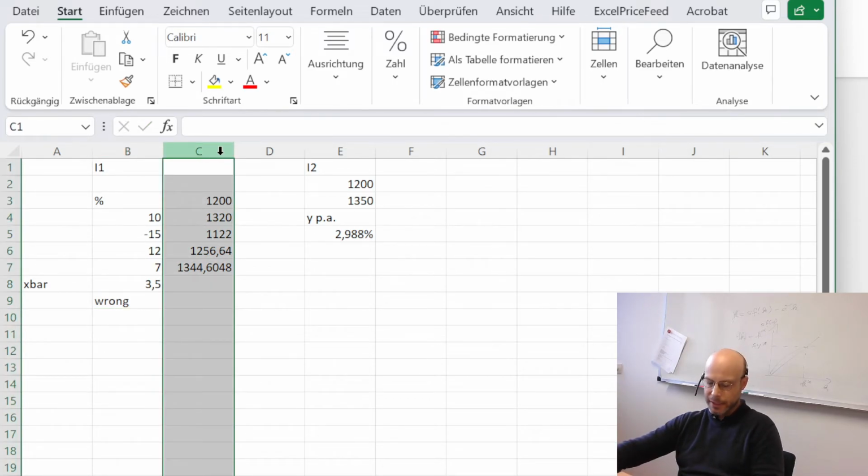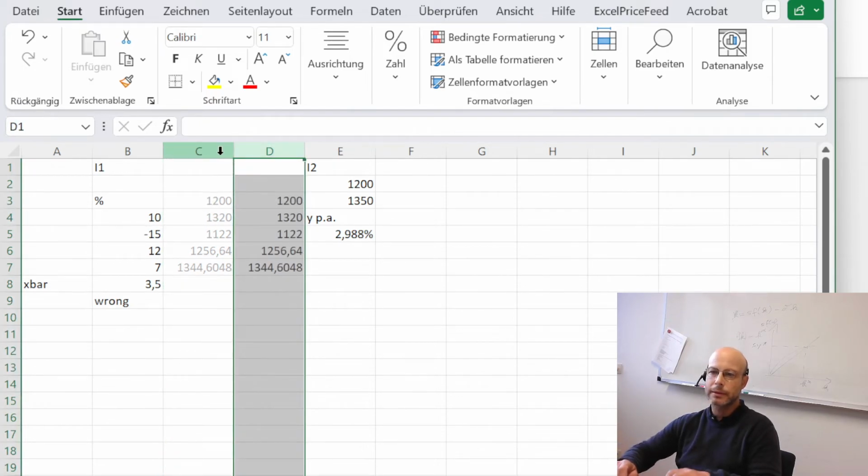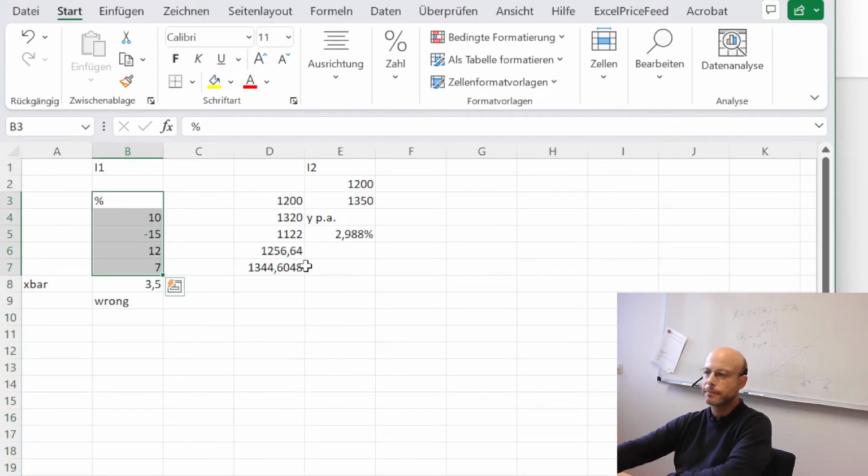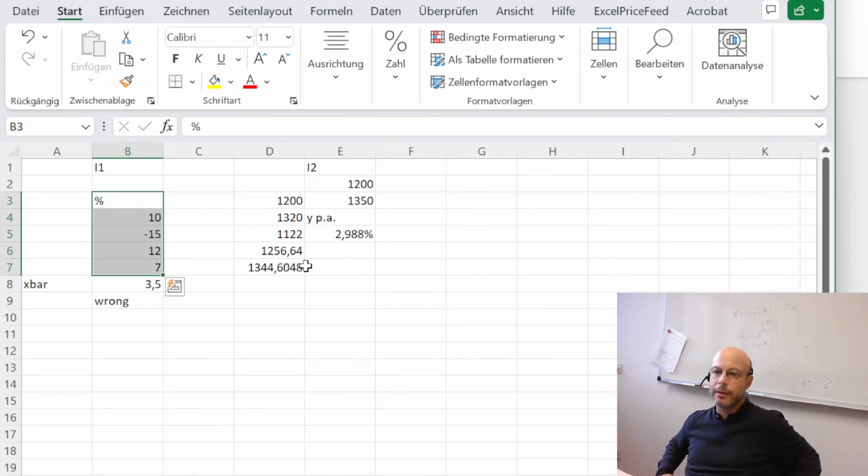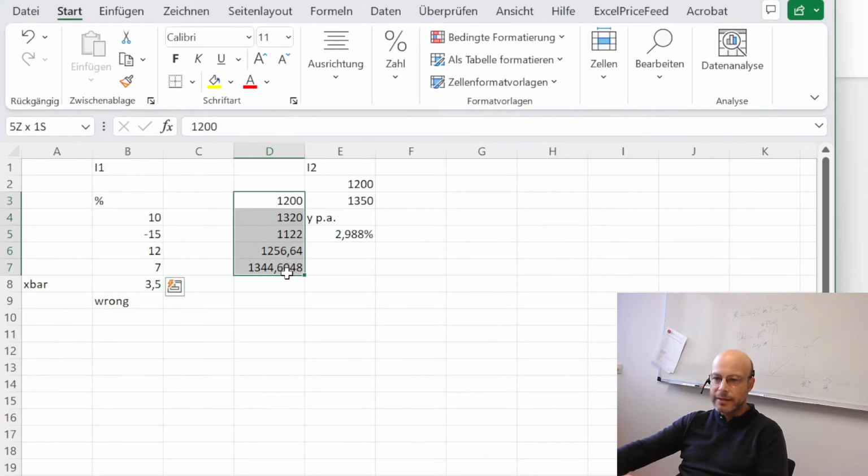How do we obtain now the average yield of our stock investment? Well, this is just an example. Here we have a growth process. And if you have growth processes, you always have to use not the arithmetic mean, but the geometric mean. Well, we can calculate it if we have these numbers now in the same way as these numbers.